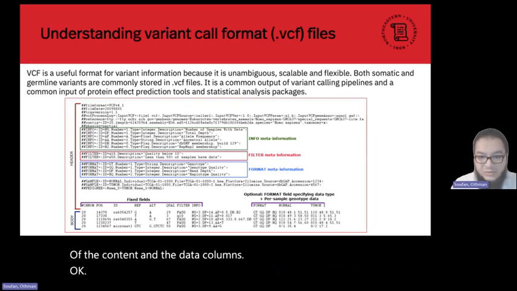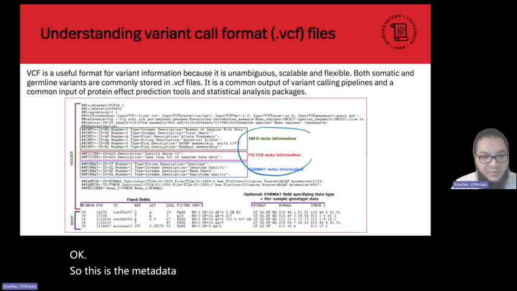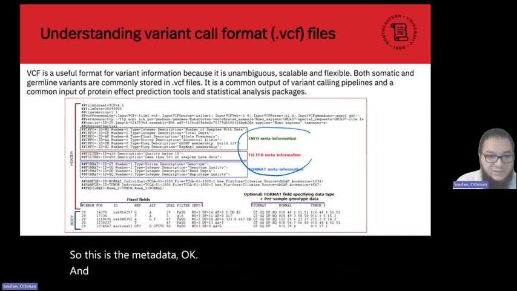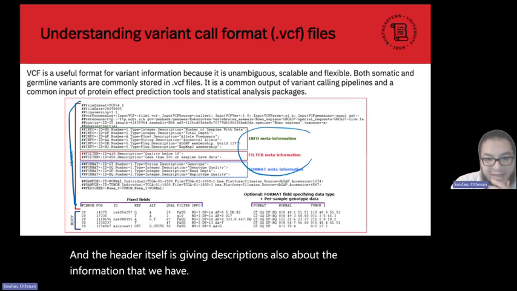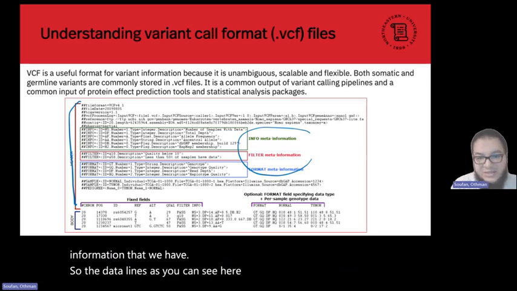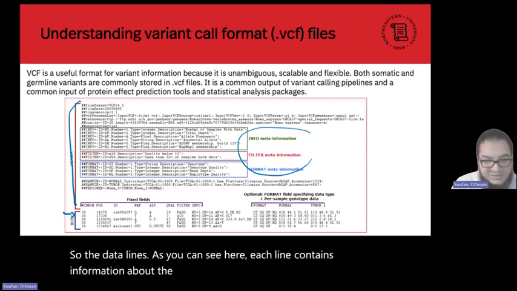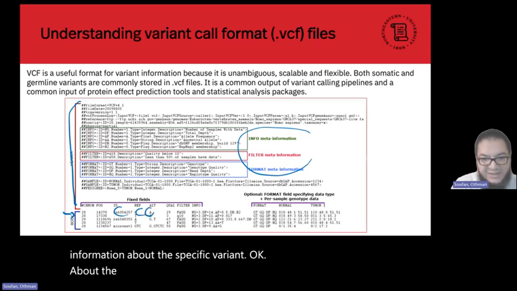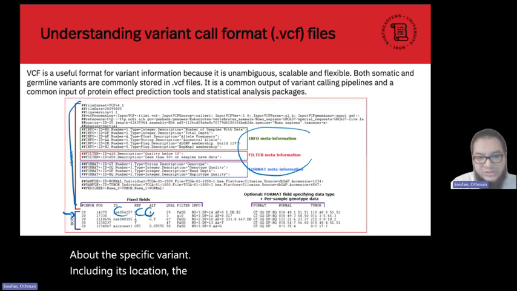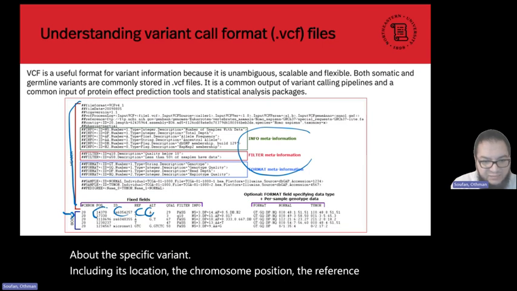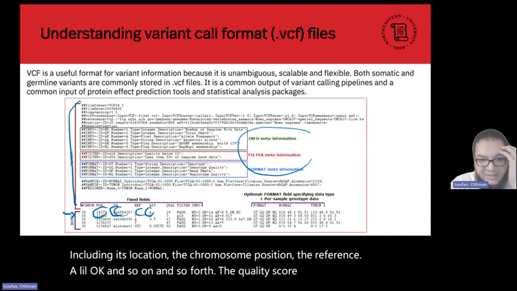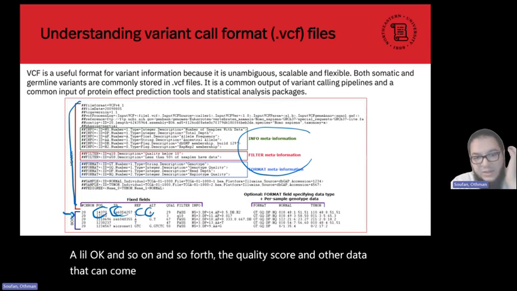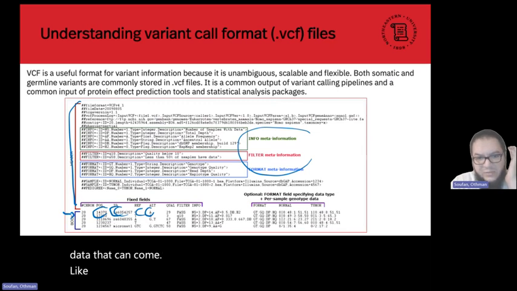Okay, so this is the metadata, and the header itself is also giving descriptions about the information that we have. So the data lines, as you can see here, each line contains information about a specific variant, including its location, the chromosome position, the reference allele, and so on and so forth, the quality score, and other data that can come, like genotype or other information.